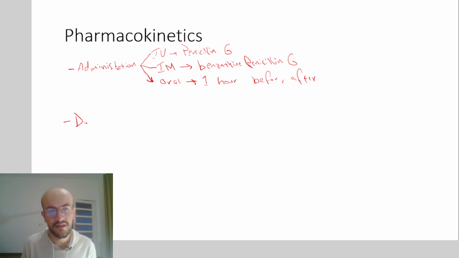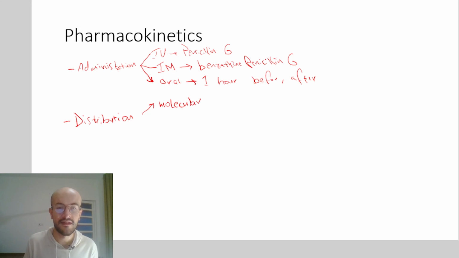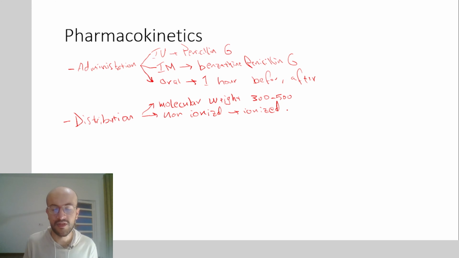The distribution. The molecular weight for penicillin is around 300 to 500 according to the type of penicillin, and it is normally non-ionized, but when it enters the body it becomes ionized because of the pH of the body.